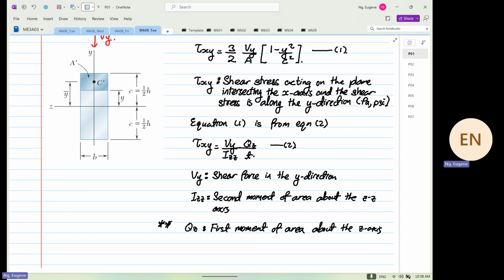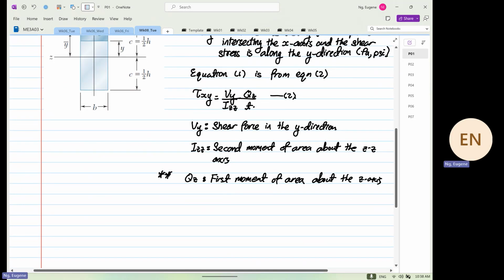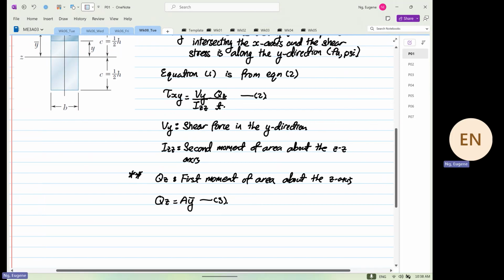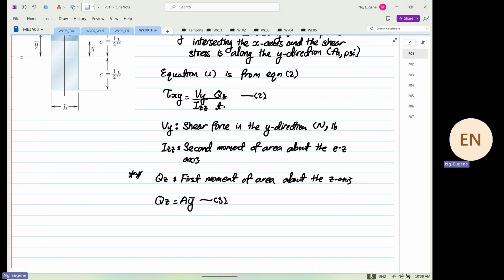And the formula for first moment of area is Qz is equal to A y bar. And this is equation number 3. And the unit of force over here is Newton or pound force. Over here is meter to the power 4 or inches to the power 4. First moment of area is meter cubed or inches cubed.